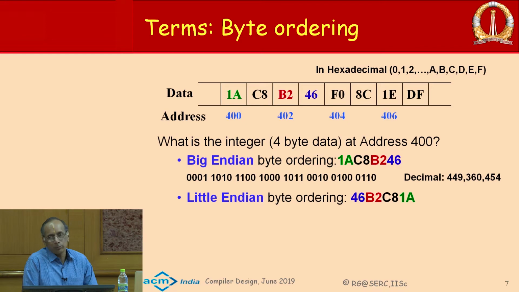Do you know which one your computer follows? Big endian or little endian? Can you find that out? Can you write a C program to find that out? Just think of it, is it possible? Don't write it, not that fast. What is the idea?